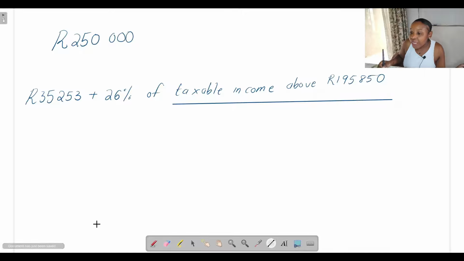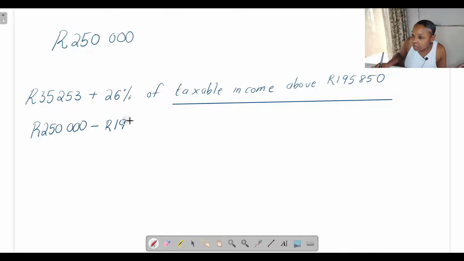So how would we get that taxable income that is above 195,850? What you would then have to do, right, is take the 250,000 and minus 195,850.